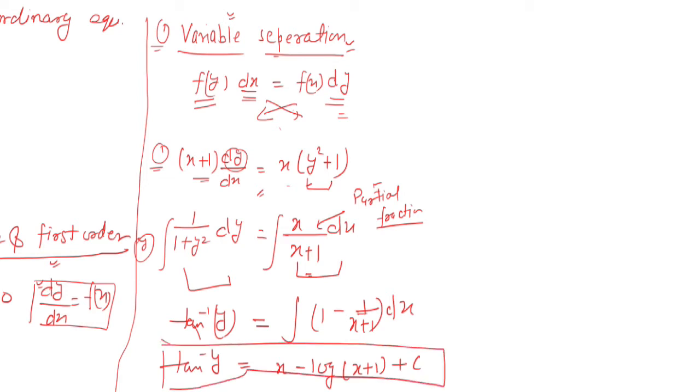So you add a constant c. So this equation, tan inverse y equal to x minus log x plus 1 plus a constant c, is the solution of the equation which we had to solve. So I think it is clear to all.